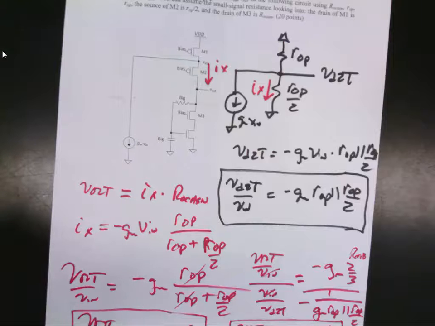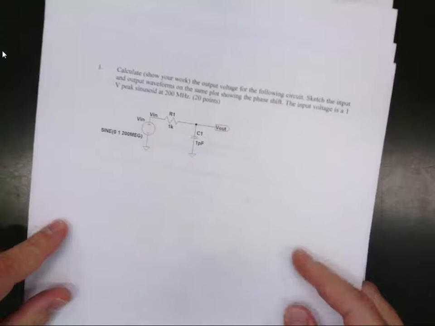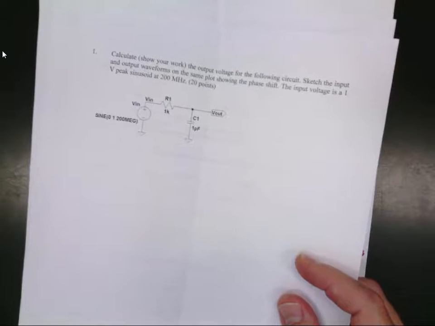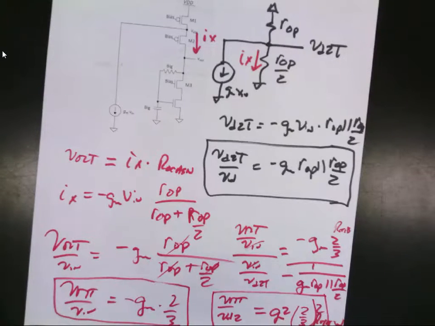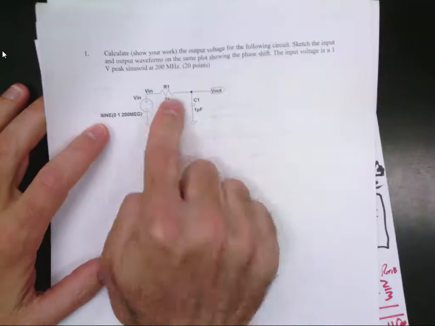All right, problem number 1. Come on. This is ridiculous. And what is it going to be on the final? I seriously don't know what I could do. Let's look at this. There's that problem. 200 megahertz, 1K, 1 pico. That's a 1 nanosecond time constant.